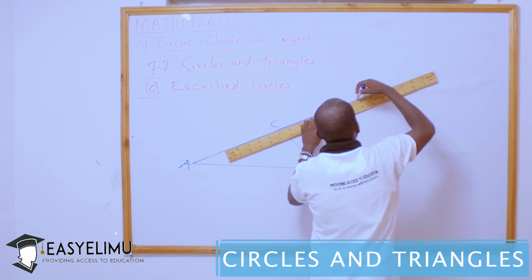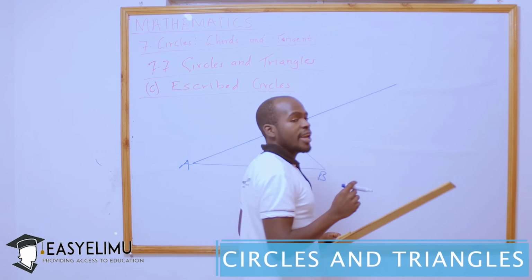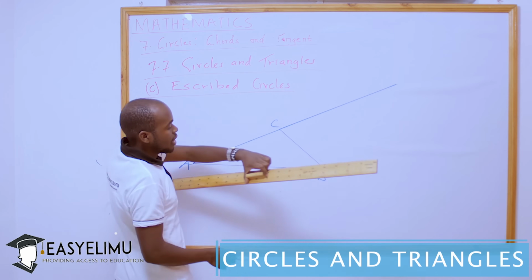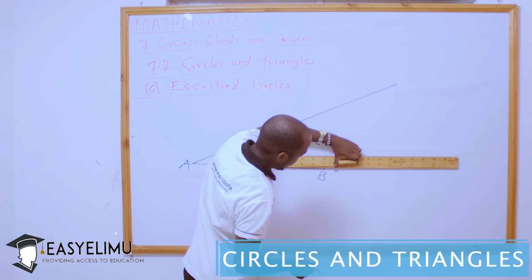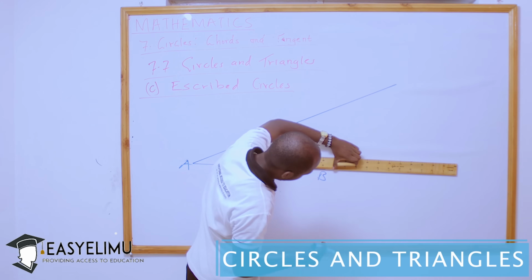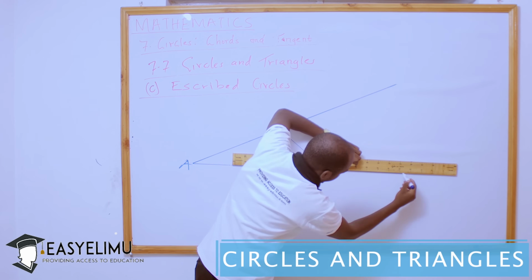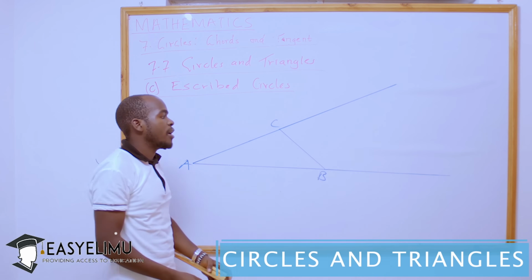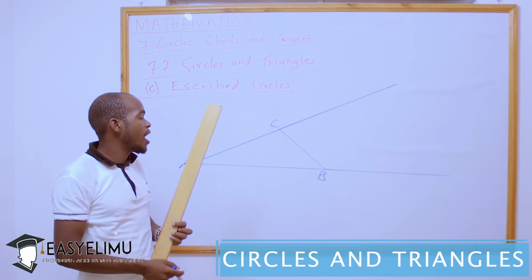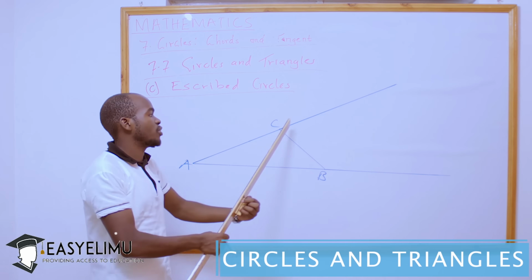That is what we refer to as producing a given side. The same applies to side AB, so we shall produce that side AB. So this one is AB produced and this one here is AC produced, as you can see.